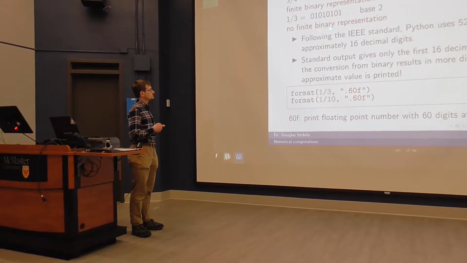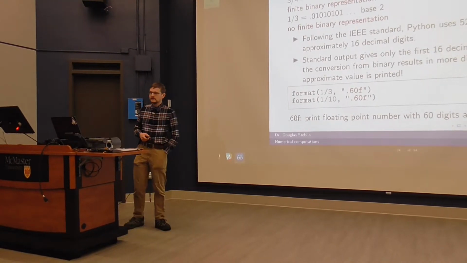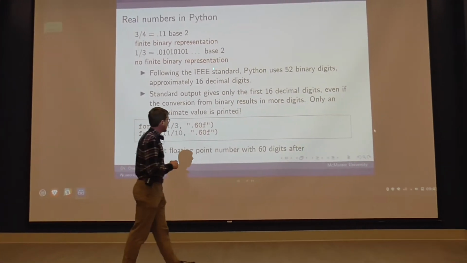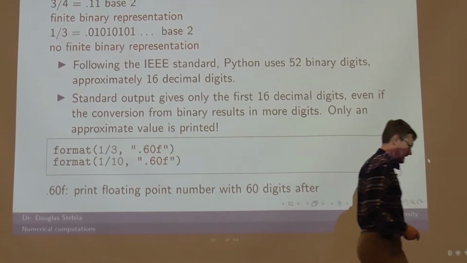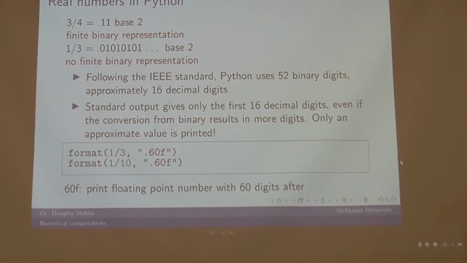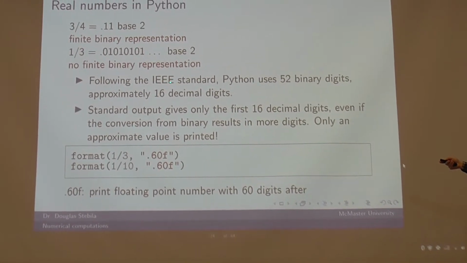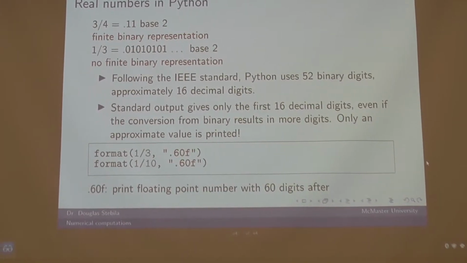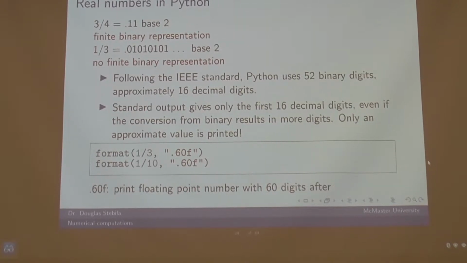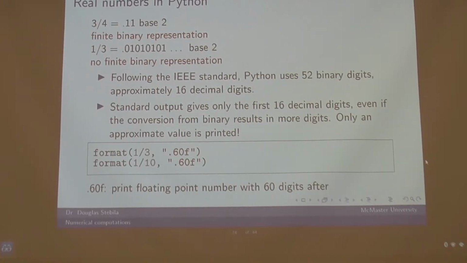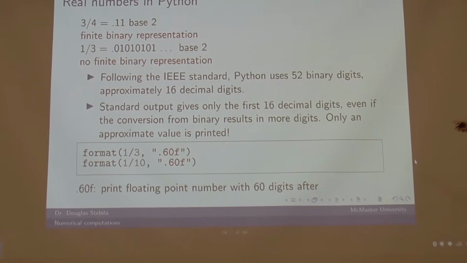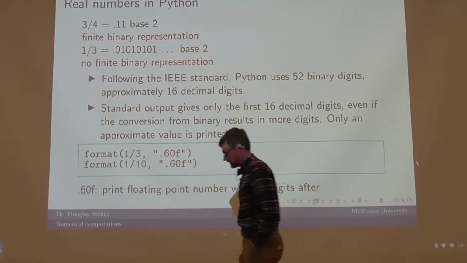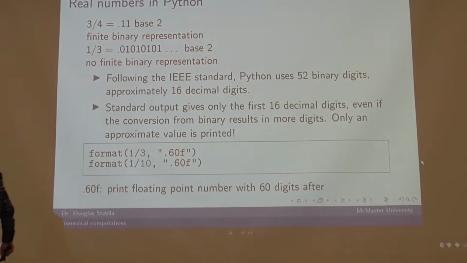So, the floating point standard has been put together by both the IEEE and the IEC. I believe IEEE stands for Institute of Electrical and Electronics Engineers, or something like that. I always forget what the acronym stands for. But the IEC is the International Electrotechnical Commission.